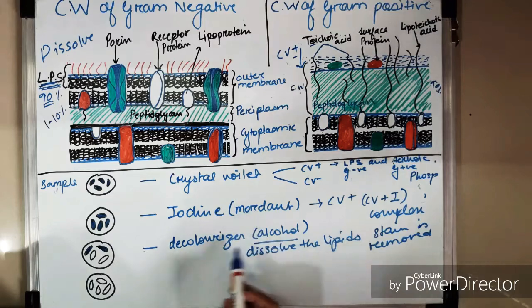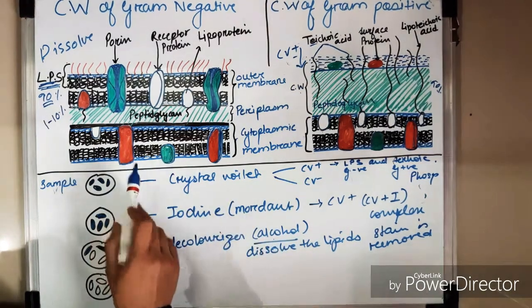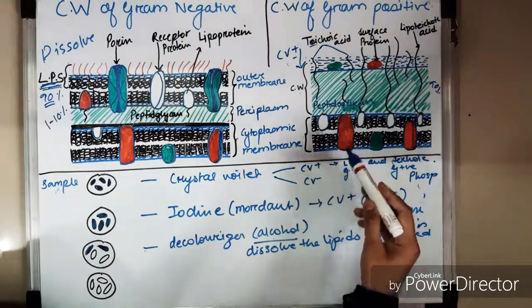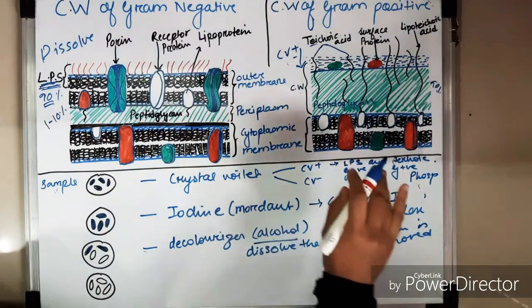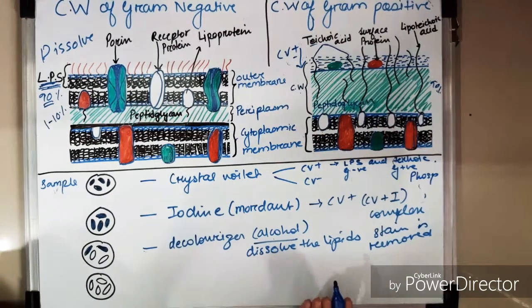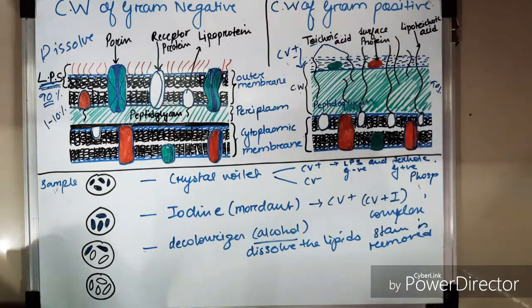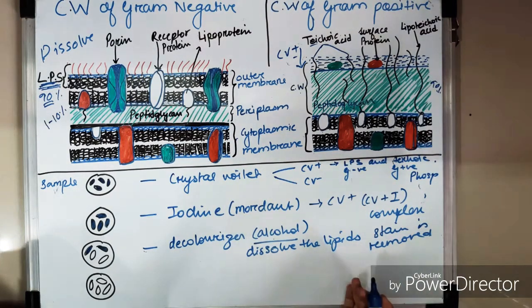Here we have seen the action of alcohol on gram-negative bacteria. But on gram-positive, it doesn't get decolorized because the lipid content is hardly 1 to 10%, so the pores shrink and the stain gets locked in gram-positive bacteria. So they remain purple.